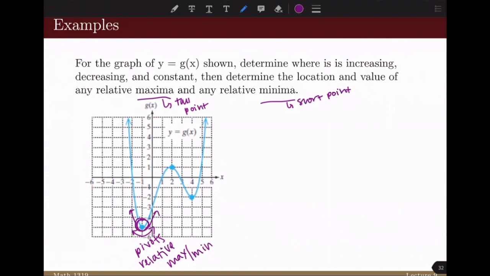So this is actually going to be a relative minimum right here. Similarly, if we look at this one, we can see that on either side of this point, my graph is going up. So this one is also going to be a relative minimum.